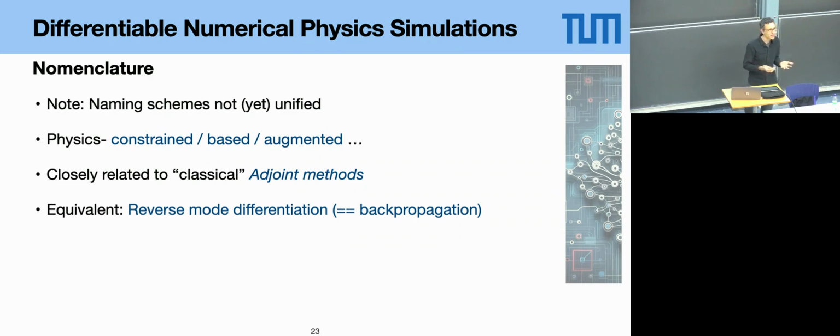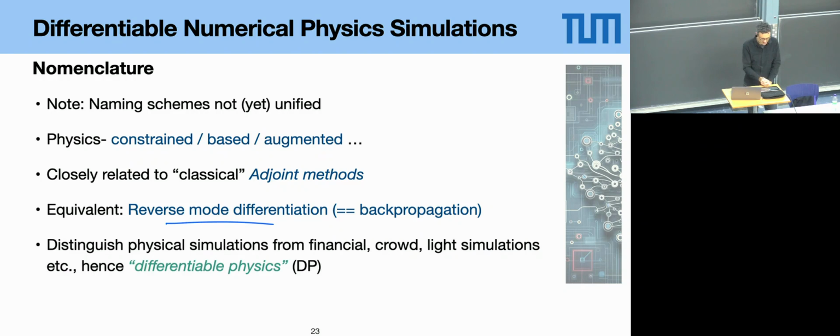Essentially what we're doing is we're backpropagating through the simulators, which also is, if you look at it, this reverse mode differentiation to distinguish from the forward mode, which in this case is typically less attractive because we have the scalar loss functions at the end. So, right, all of these essentially mean the same thing, and we'll stick to this differentiable physics name in short, typically also to distinguish it from other differentiable processes.